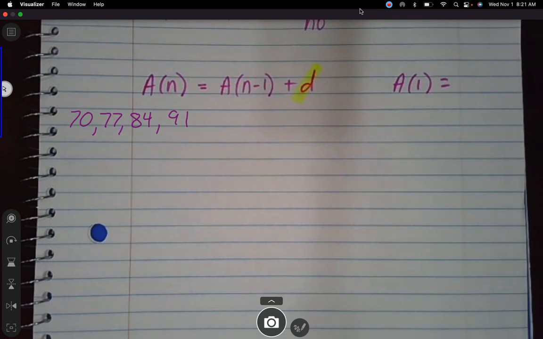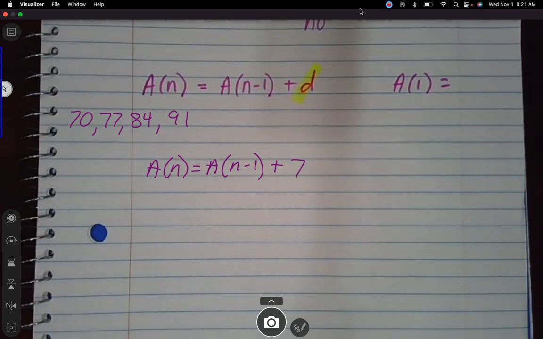What did I highlight? That's the only thing I'm changing. But it just means my answer, whatever one I'm looking for, I take the previous and I add, well, I don't know, what am I adding every time? 7. So that's what I'm going to change.